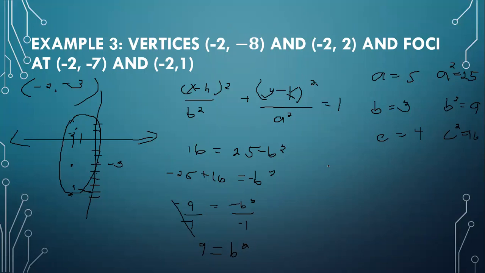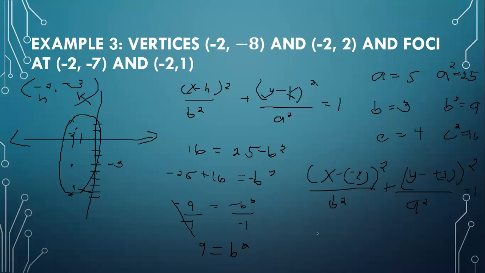And then, standard form na tayo. (x minus our h, which is negative 2) quantity squared over b squared plus (y minus k, which is negative 3) quantity squared over a squared equals 1.